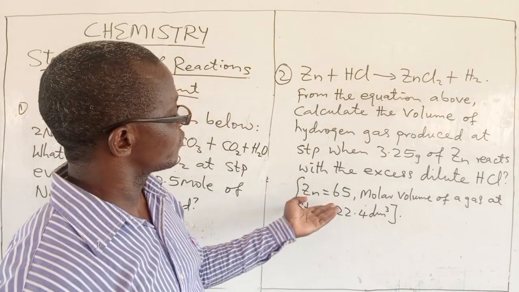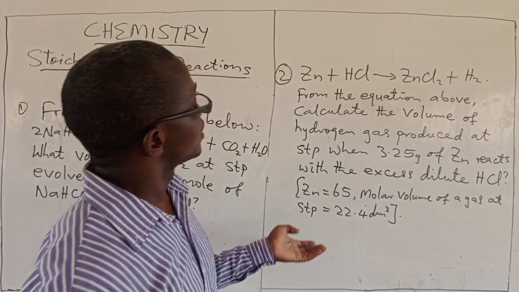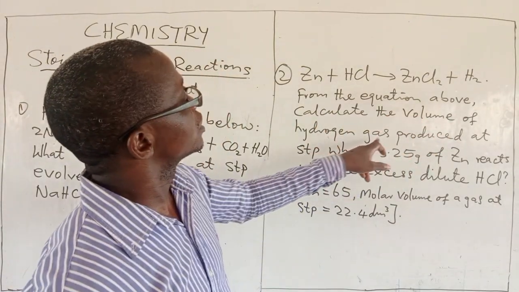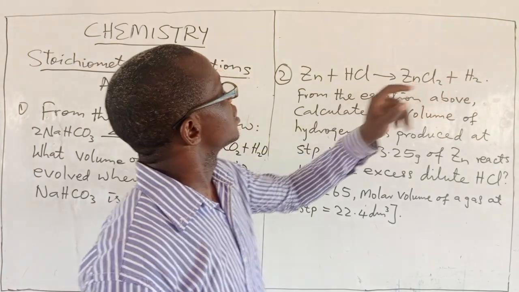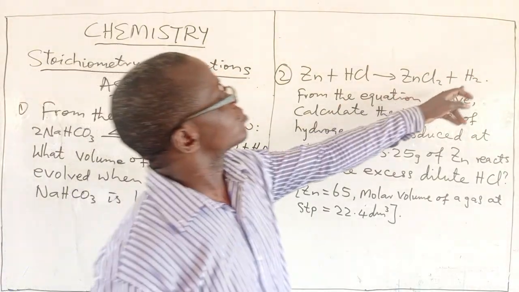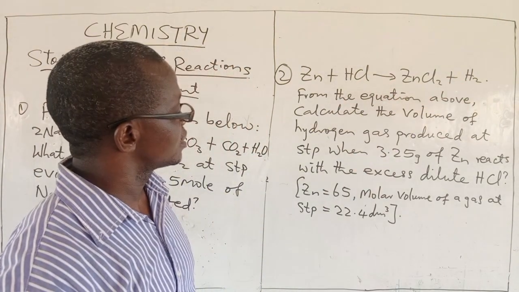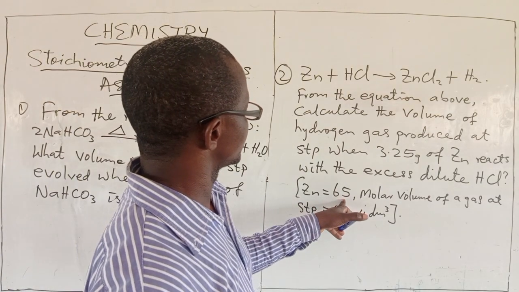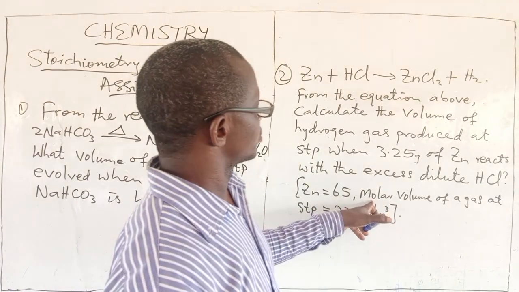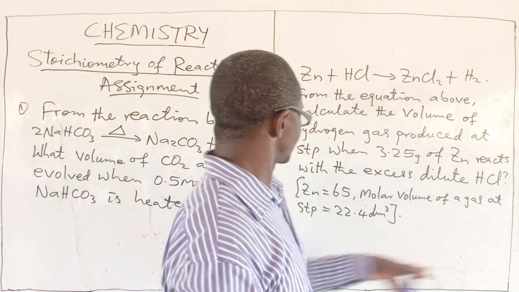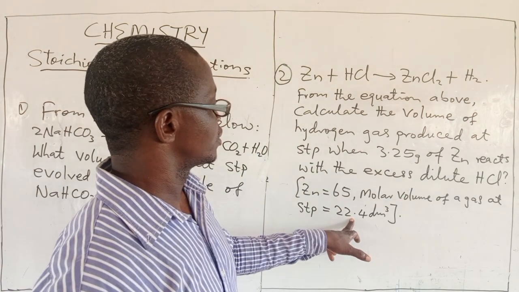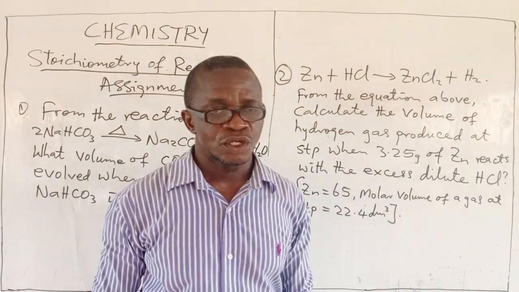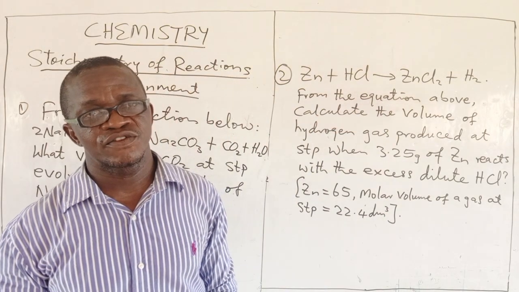They have given you the different masses and then calculate what the volume of hydrogen gas produced in this reaction. So just do it. They have given you the mass of zinc, and the molar volume of a gas at STP is this. So use them and then get what you are being asked of.